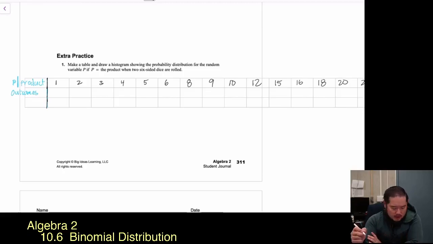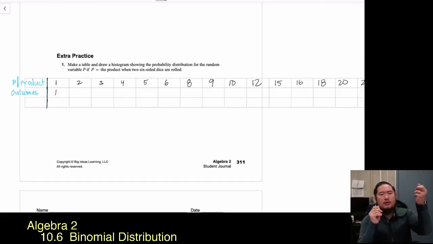So there's only one way for us to get that, and I'll go ahead and put a 1 right here. Right, how many ways can I get a 2? I could roll a 1 and a 2, I could roll a 2 the first time and a 1 the second time, right? So there are actually two outcomes for us to get a 2.